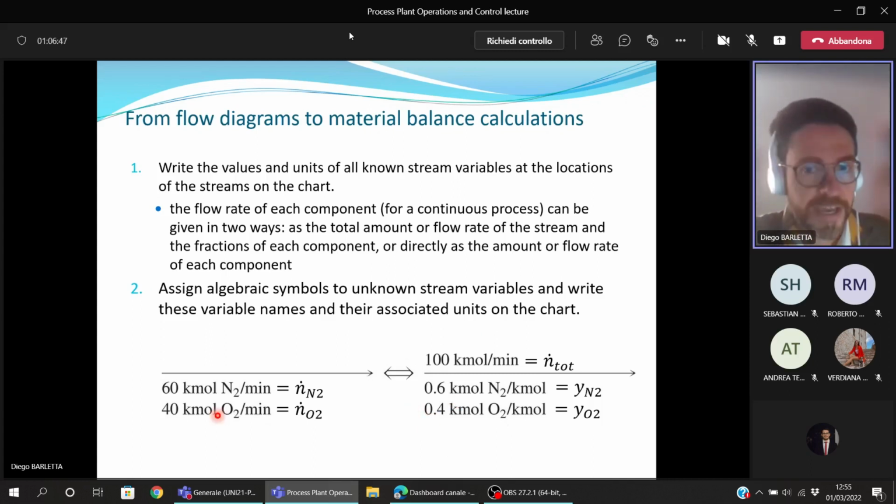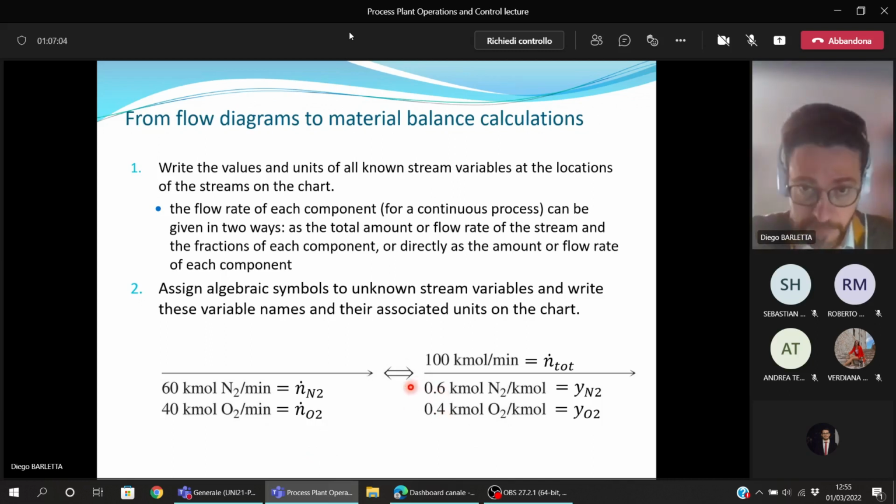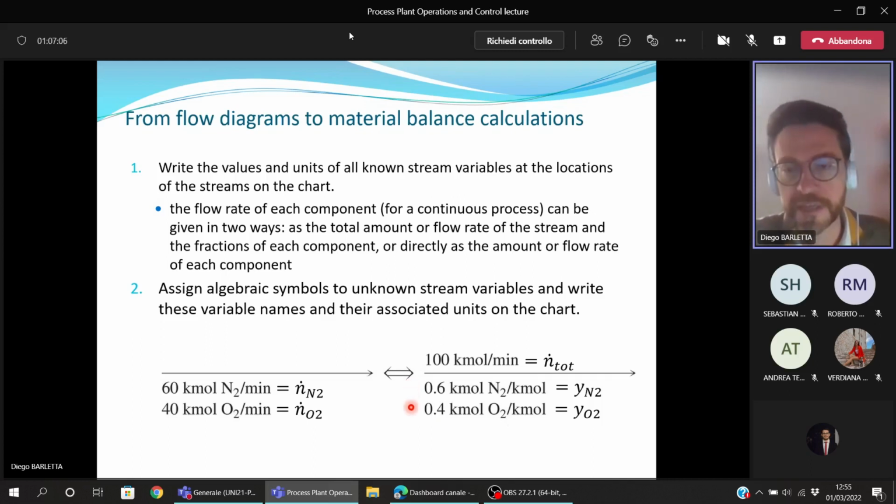And in fact, this is the case, because if we know that the mixture is formed by two components, it is sufficient to report only one piece of information about the composition, because the other one is just complementary.